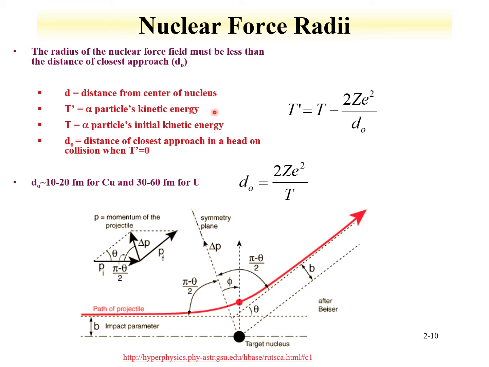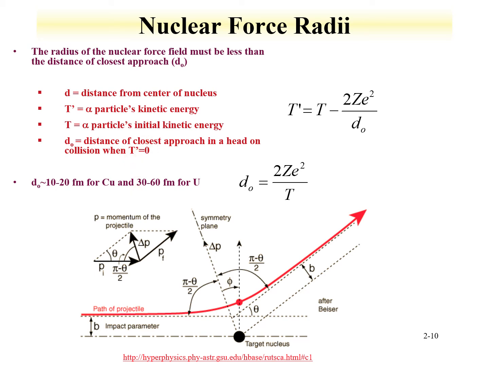I've got the particle's kinetic energy after the interaction, the particle's kinetic energy before the interaction. And I actually want to get the distance of closest approach, which is head-on, and it's a collision. So when the particle's kinetic energy afterwards is equal to 0.